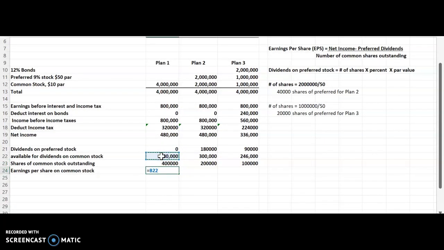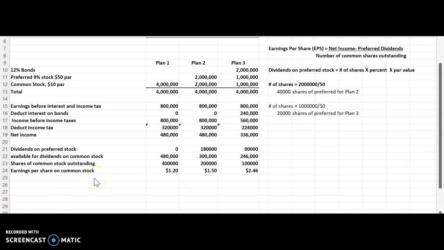So 480,000 divided by 400,000. 300,000 divided by 200,000. 246,000 divided by 100,000. And now you can see the earnings per share rounded to the nearest cent here.